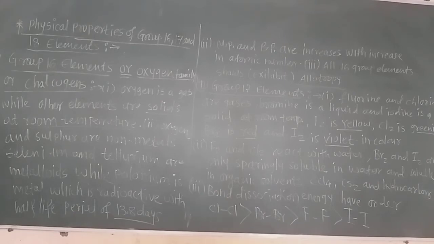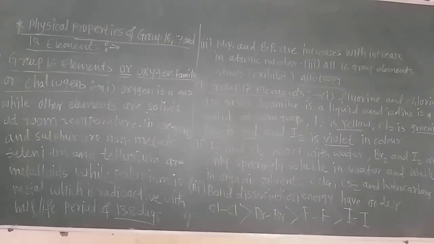Bromine is an orange-red liquid, and iodine is a violet solid at room temperature. So fluorine has a yellow color, chlorine gas has a pale greenish color, bromine, which is a liquid non-metal, has a red color, and iodine has violet, shining crystals, and all these are non-metals.